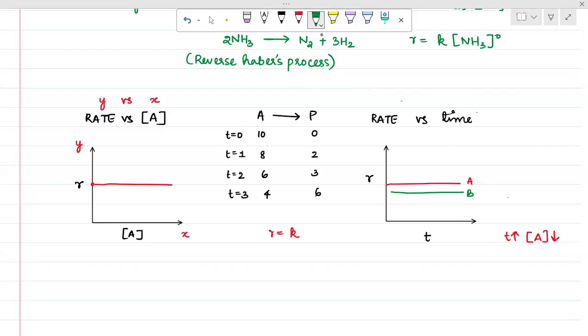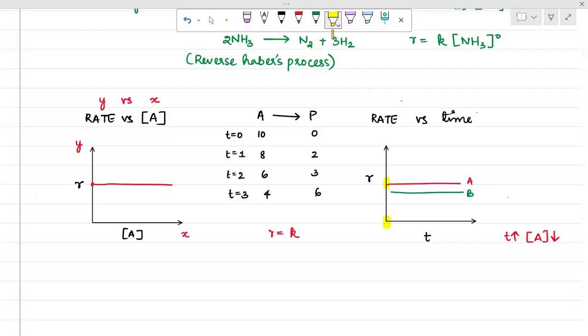Now we have to understand that in both the cases, the rate of the reaction is not changing with time, and that is true with a zero order reaction. So concept wise, that's right. But if you take the point 0, let's say I take this point. So this point is t is equal to 0.